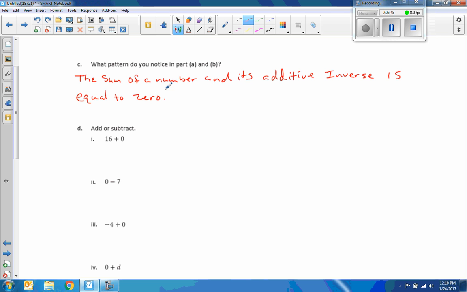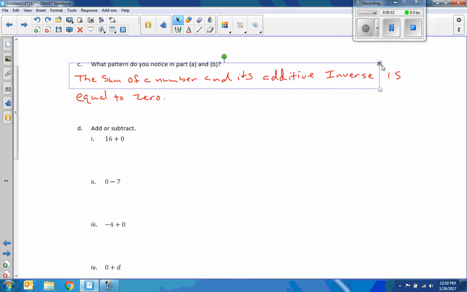Okay? The sum of a number and its additive inverse is equal to 0.